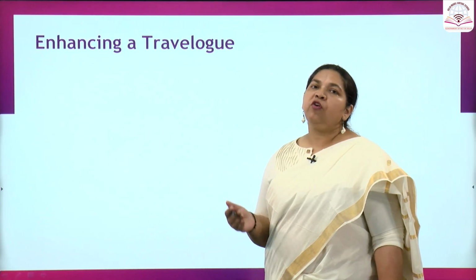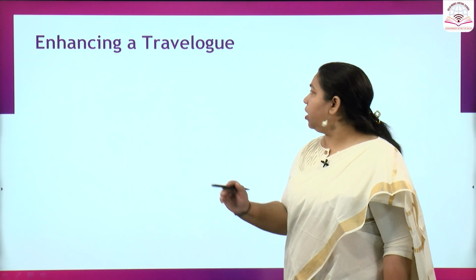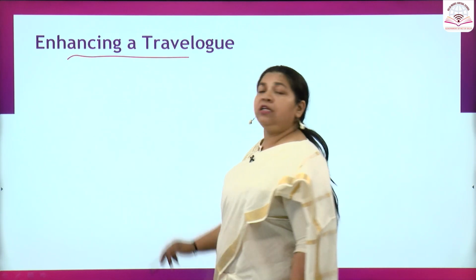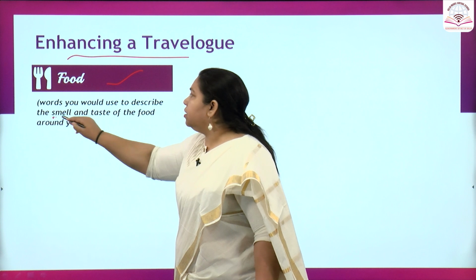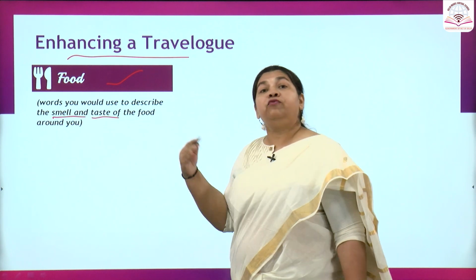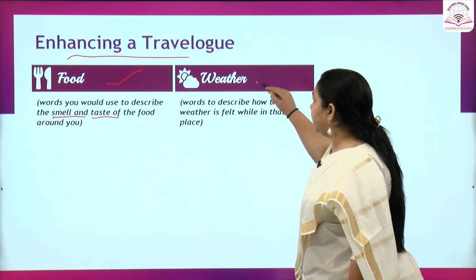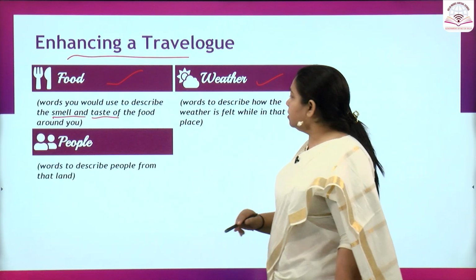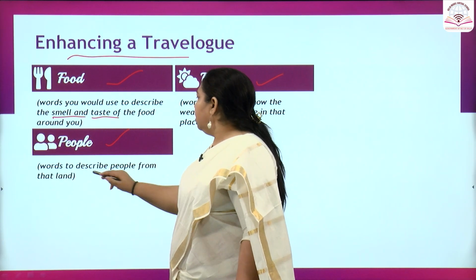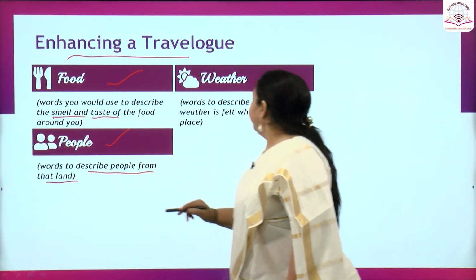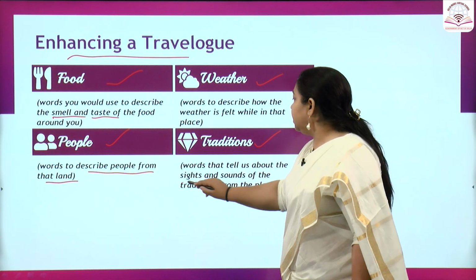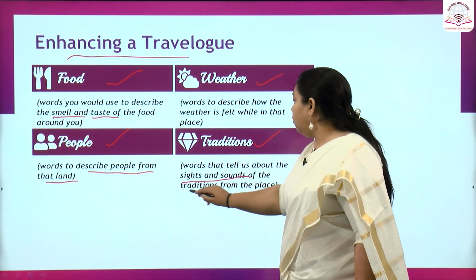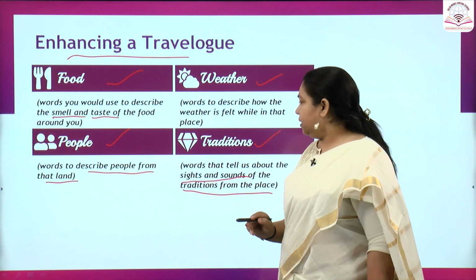The next step of the process in a travelogue is to enhance a travelogue, in which first we'll describe the food, the smell and taste of the food there, and then the weather conditions of that place, and then the people of that place, traditions followed by those people and the sights and sounds of the traditions from that place.